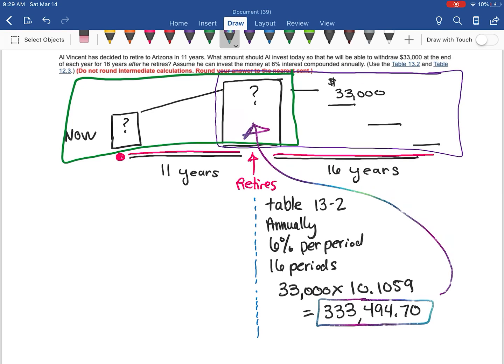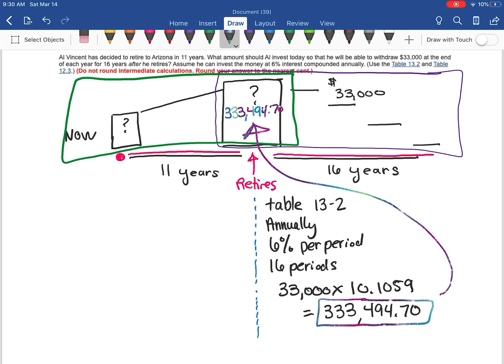We know this amount now, the amount that he needs when he retires. That's $333,494.70. So now we're looking at the green part. The first half of the green part of this question is how much do I have to put in right now?